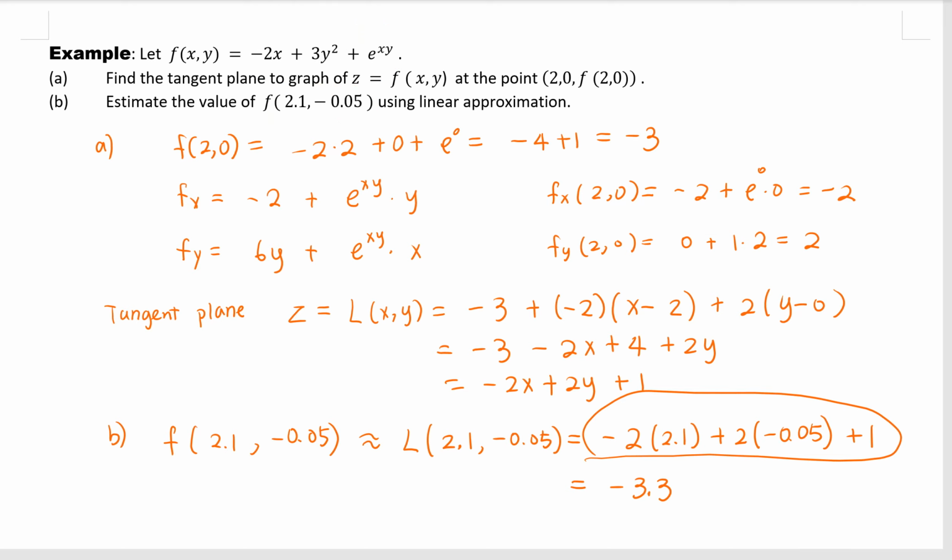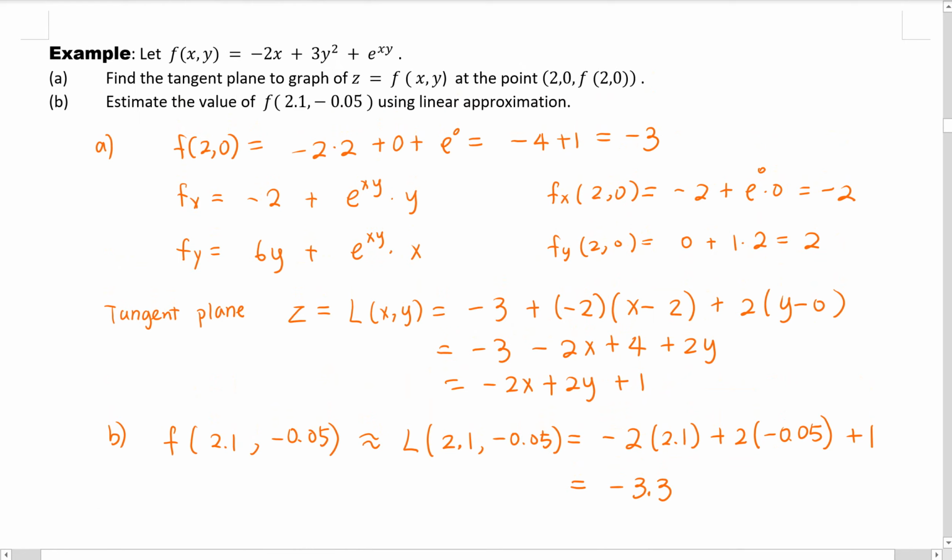But now, without a calculator, we can get a number that is quite close. Is it really close to the actual value? Let's check, okay? This is the nice thing of this kind of problem because we can always check whether our answer is close to the true value. If it's not, then maybe we made some mistake.